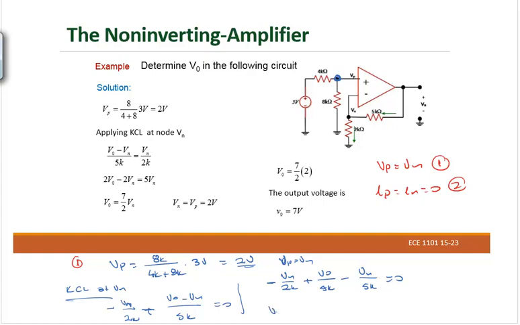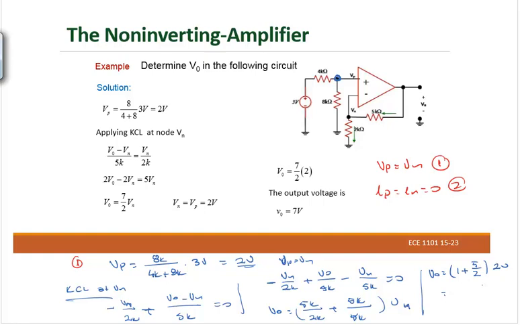So from here, V0 will be equal, I will say 5K over 2K plus 5K over 5K, then Vn here, which is Vn equal 2 volts. So one more time, V0 will be equal here 1 plus 5 over 2, then 2 volts right there.